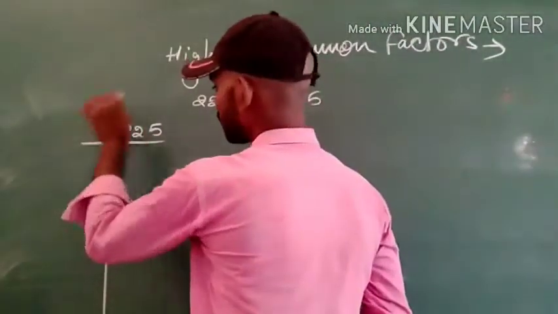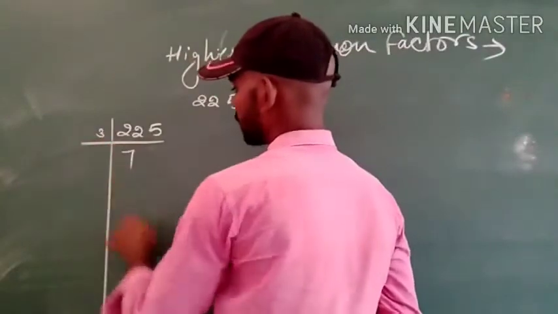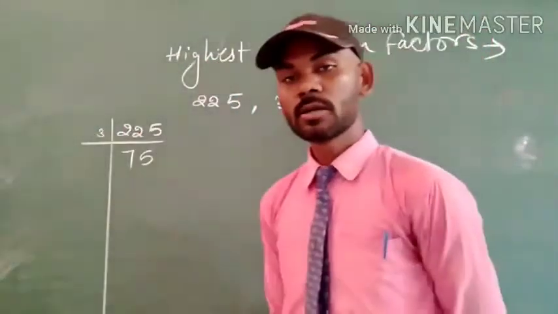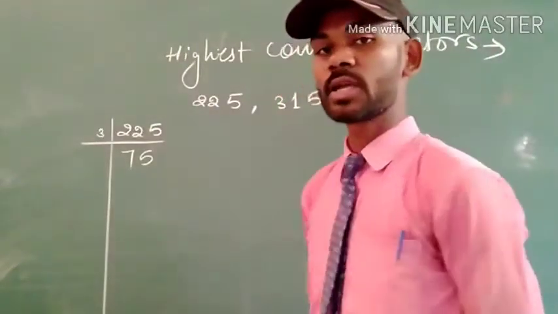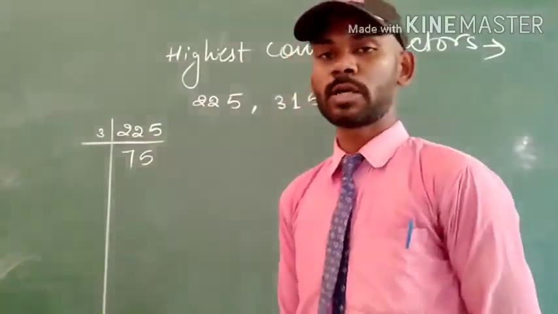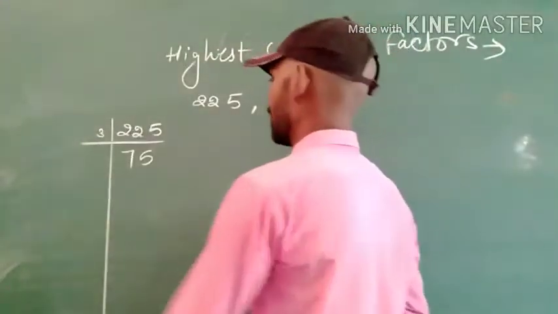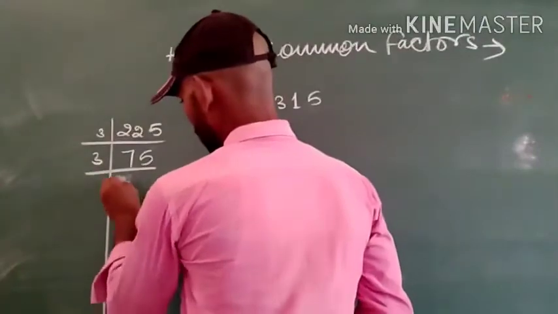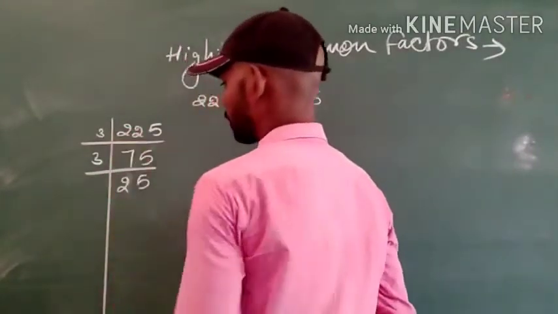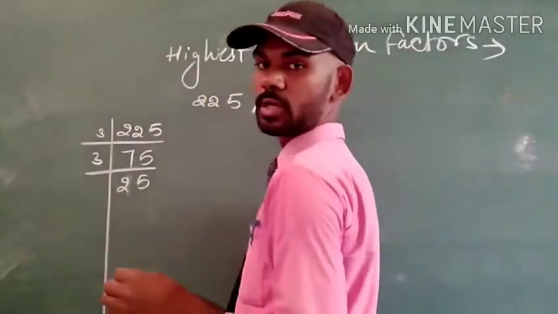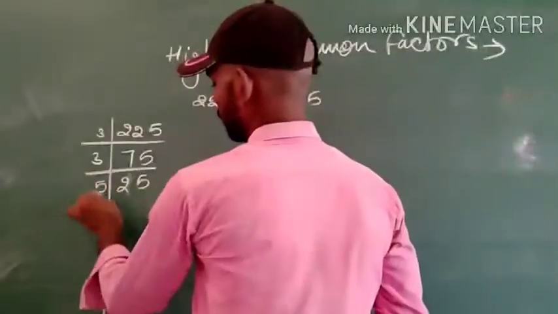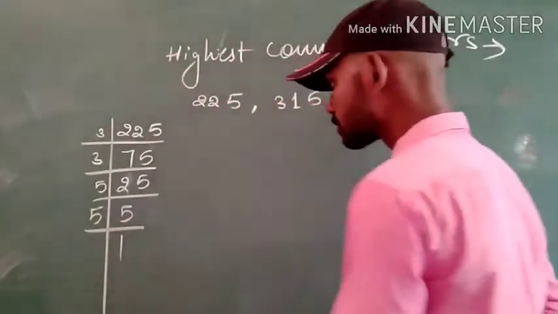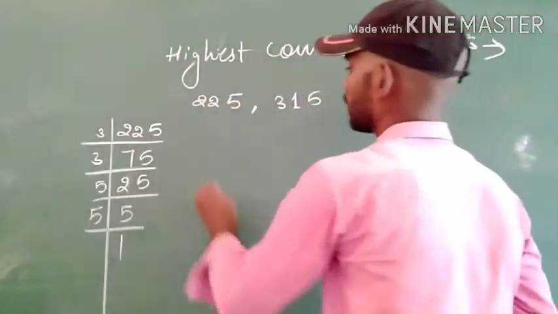So we write 3, and we get 3 7s are 21 and 3 5s are 15, so 75. Again, the digital sum of 75 is 12, which is also a multiple of 3, so it is divisible by 3 again. We divide and get 3 2s are 6 and 3 5s are 15, so 25. Now this is divisible only by 5, so we divide by 5 and we get 5 1s are 5 and 1.